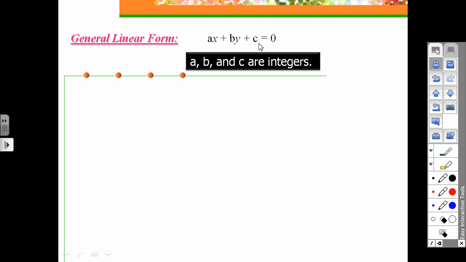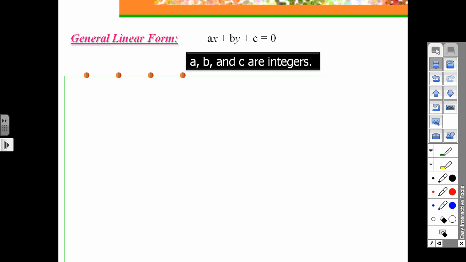Okay, so when you use the general linear form, maybe it's the book giving you a problem in general linear form and they're asking you to graph it. And so in order to graph it, you're going to put it into slope-intercept form. Or maybe they ask you to come up with the equation of a line, but then they say, put your answer in general linear form.